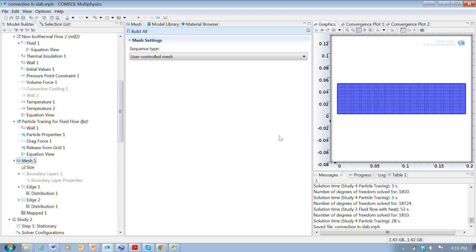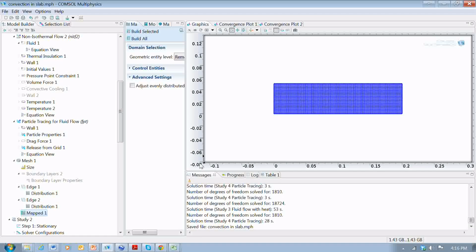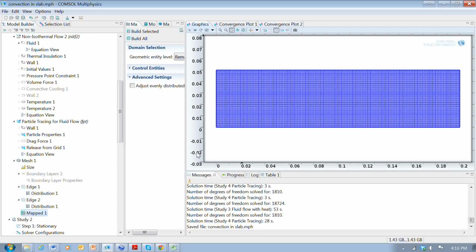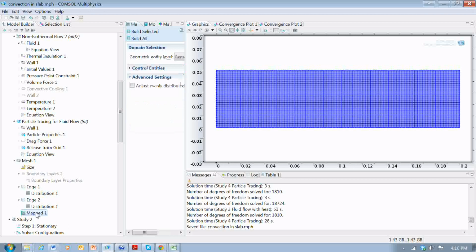Okay, so for doing this simulation, I've tried several different meshes, and what seems to work nicely is a mapped mesh. So you get this square or rectangular looking elements here, and I set it up by controlling the distribution of elements on the sides and on the top and bottom, and then I did the mapping.